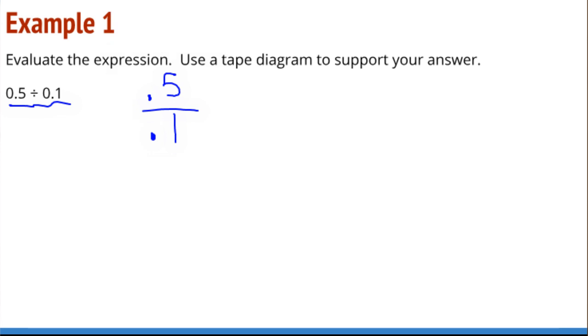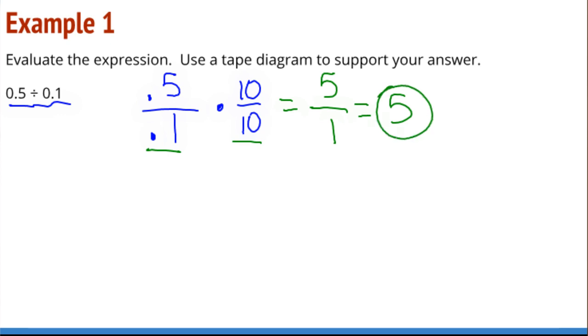For example, I could say that I would like to multiply by 10/10. Remembering that the fraction 10/10 is equal to 1, because the numerator and denominator are the same, it indicates 1 whole. 5/10 multiplied by 10 is 5, and 1/10 multiplied by 10 is 1, and I get a quotient of 5.